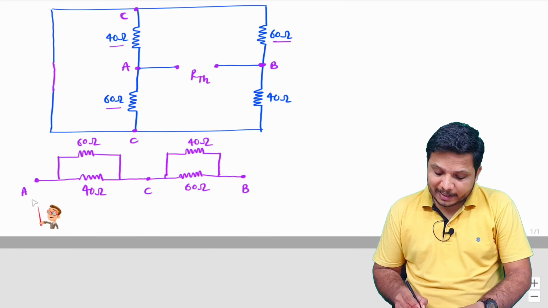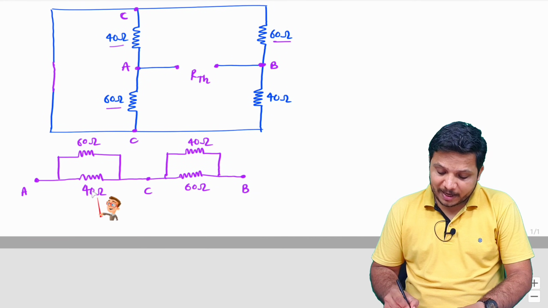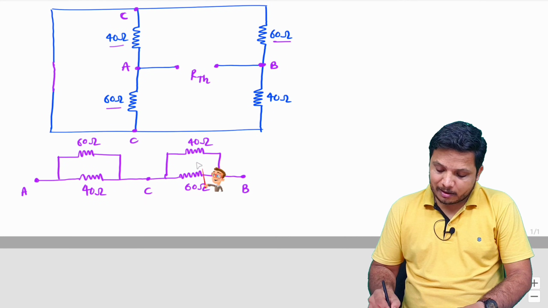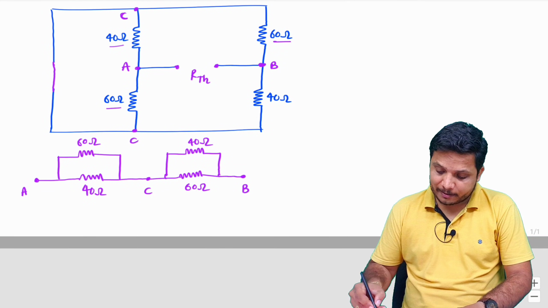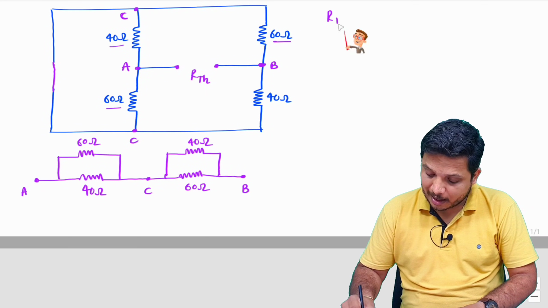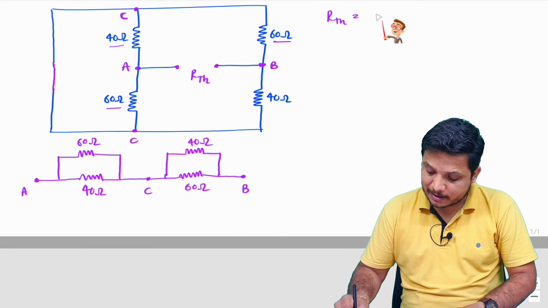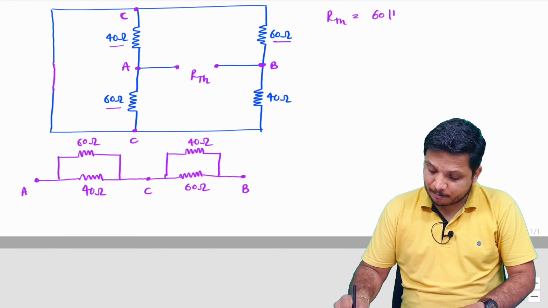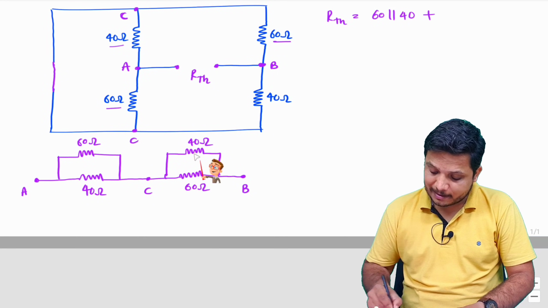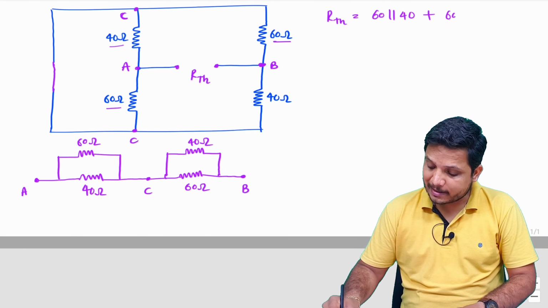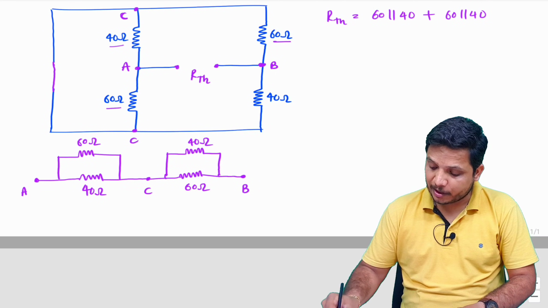Now we can easily identify RTH in between A and B, based on this parallel connection, and they are in series with each other, right. So RTH is 60 parallel with 40, and that is in series with this, which is again 60 parallel 40.